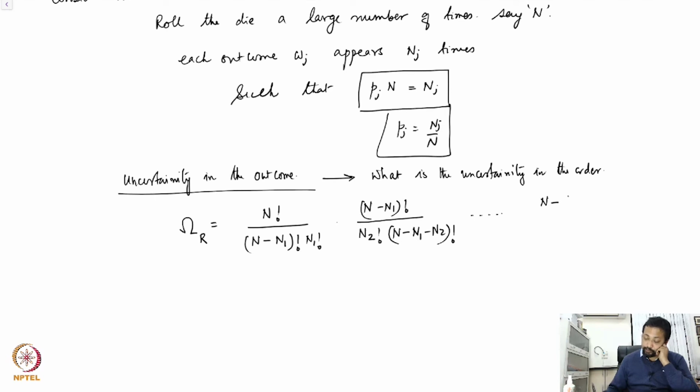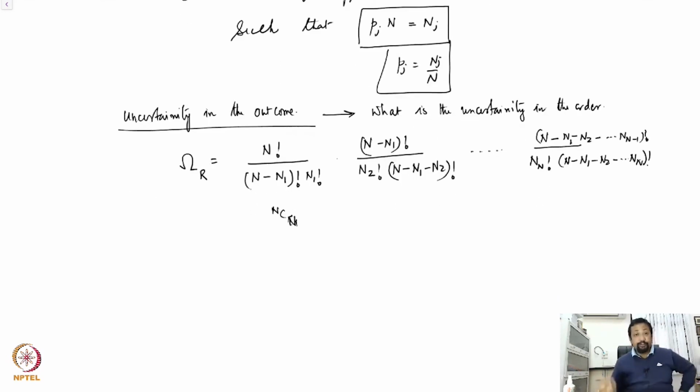So finally, if there are n such outcomes, you are going to have n minus n1 minus n2 and so on, up to n minus n1 minus n2 and so on minus n minus 1 factorial, right? This is like nCn1, and once you have chosen nCn1 number of balls, you are left with n minus n1 of them, and then you choose n minus n1 C n2, so on and so forth, right?